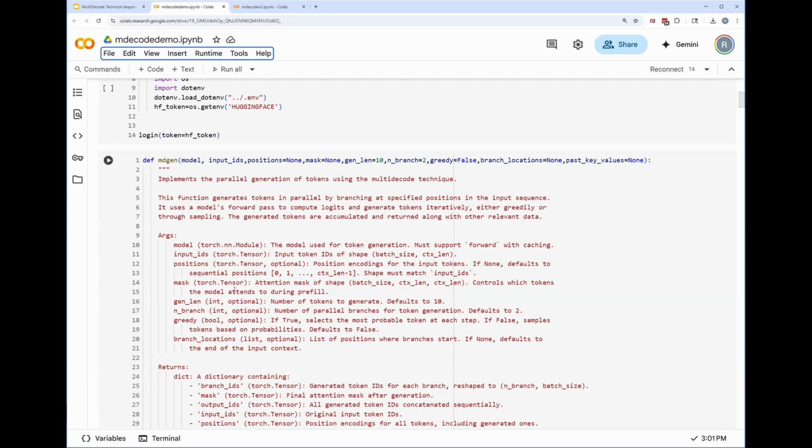This will include all of the context that you're feeding in, but you can see up here that we've got past key values. So you can pass in a KV cache from a previous chunk, for instance, and you just add to it.